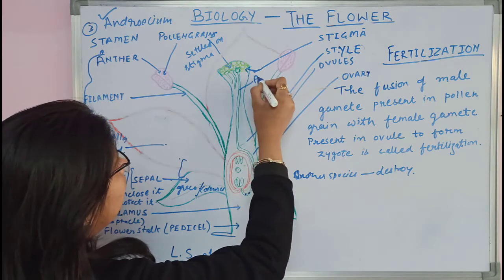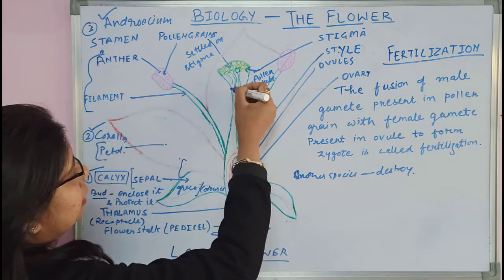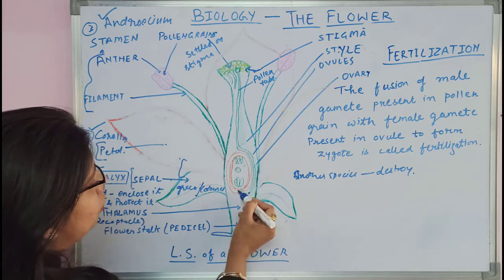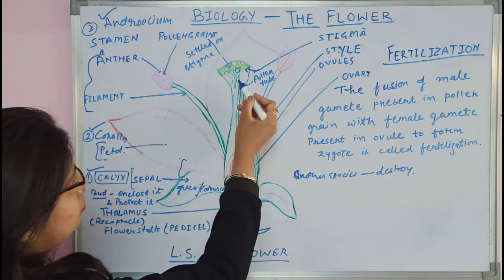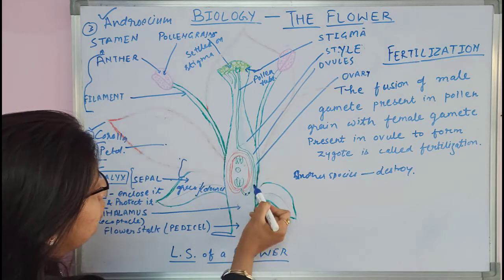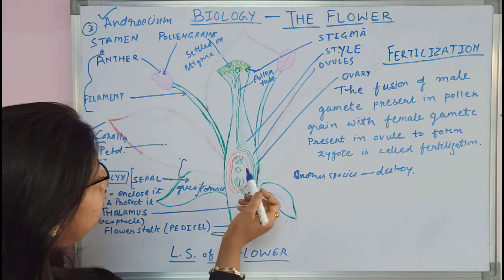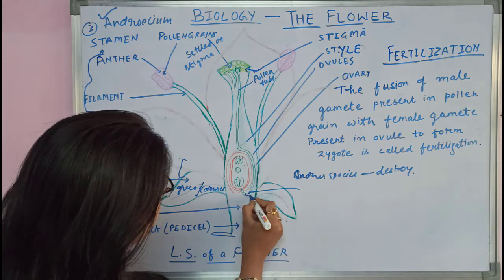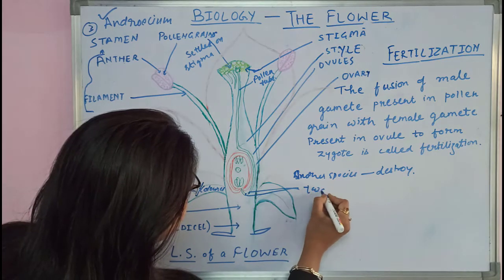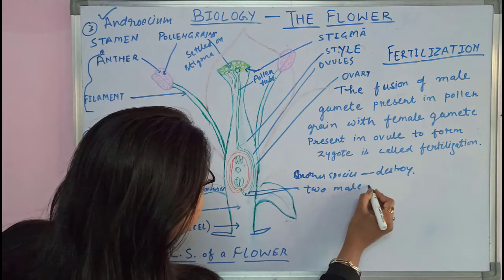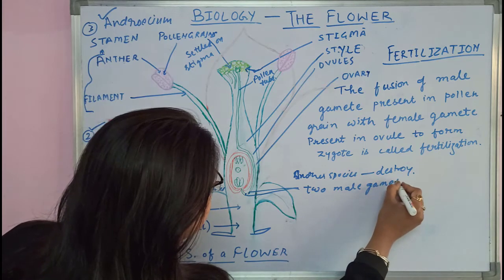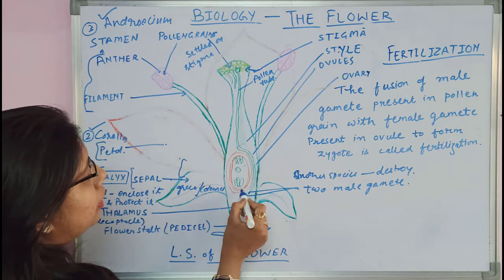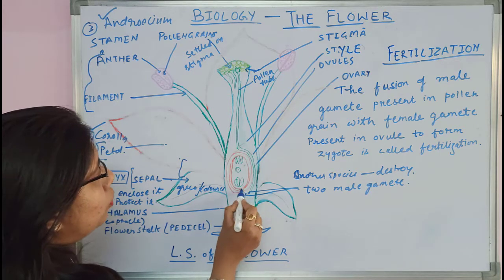This is the pollen tube. Many pollen tubes start developing, but only one or two reach the ovary of the flower. The male gametes, two male gametes present in a pollen, reach through the pollen tube to the micropyle, the entry of the ovary.